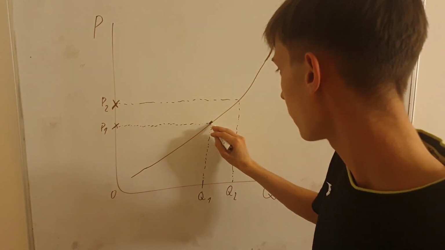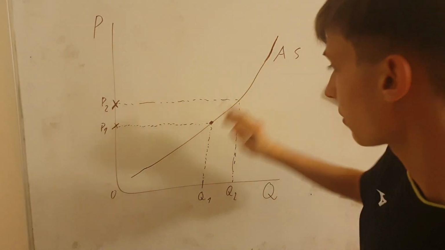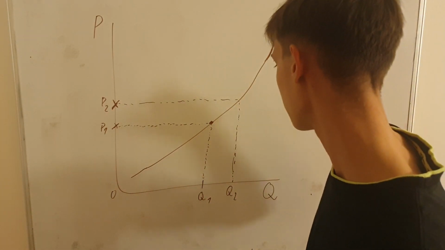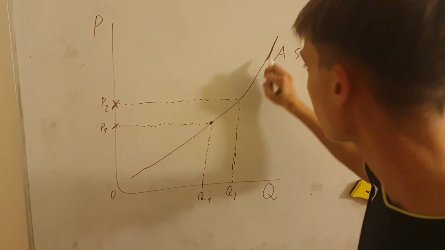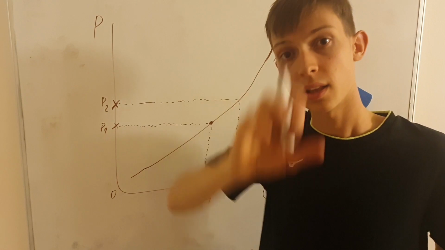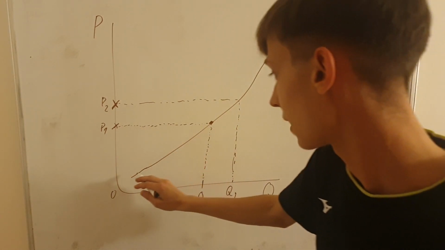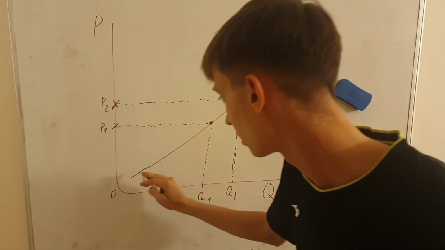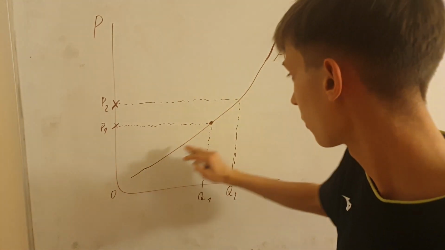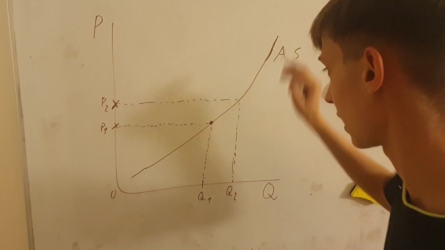Therefore, let's say we were at this point, and this curve sums up all the possible points. All the possible points of aggregate supply are all points located on this curve. That means the aggregate supply curve is all the points that are on it, all different locations on that curve.